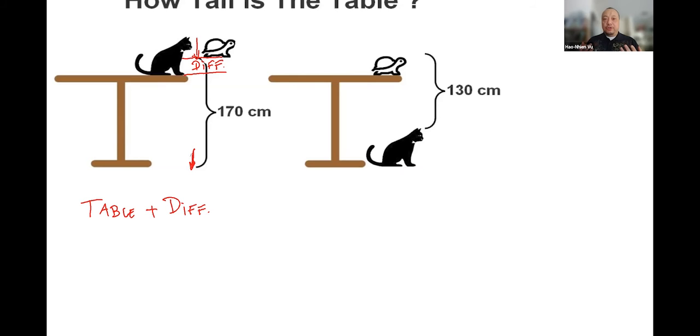In the second picture, I'm going to drop again, but this time I'm going to drop the bracket down to the table. So watch the top of the bracket. It was here where the turtle is, and now it's dropped down to here where the table is.